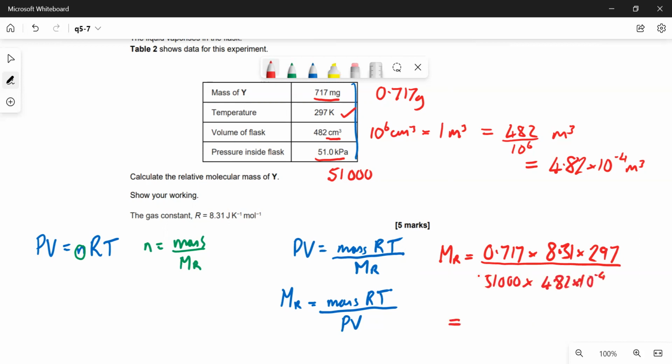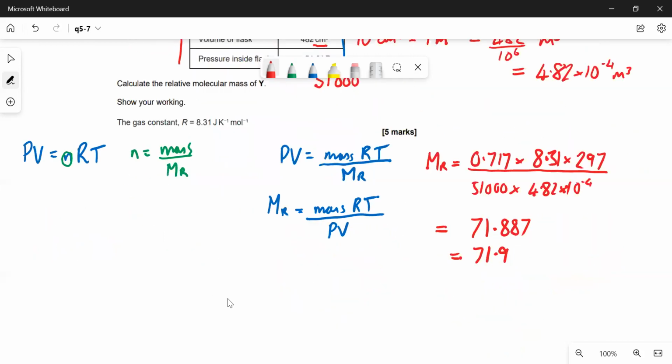And that gives us a value of 71.887 exactly. So let's round that up to 71.9. That's three significant figures, right? Because all the data here is given to three sig figs. So that's what I should give my answer to.